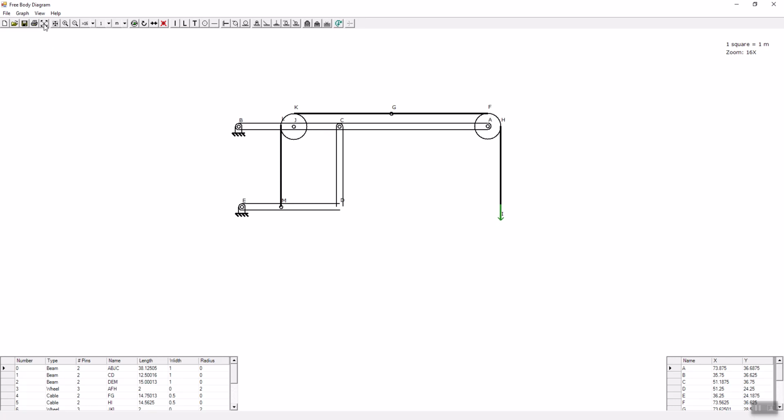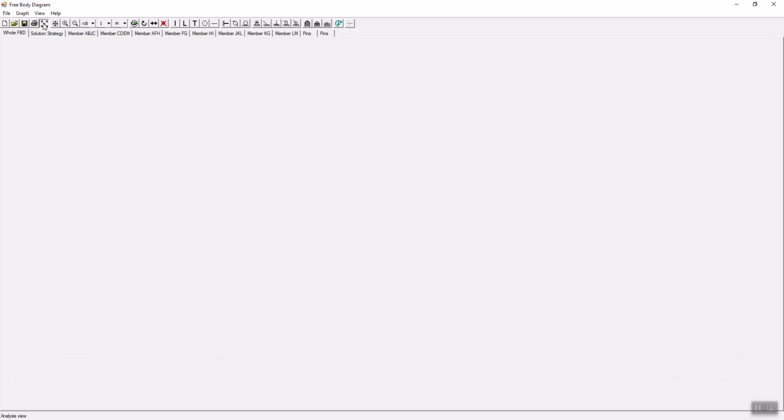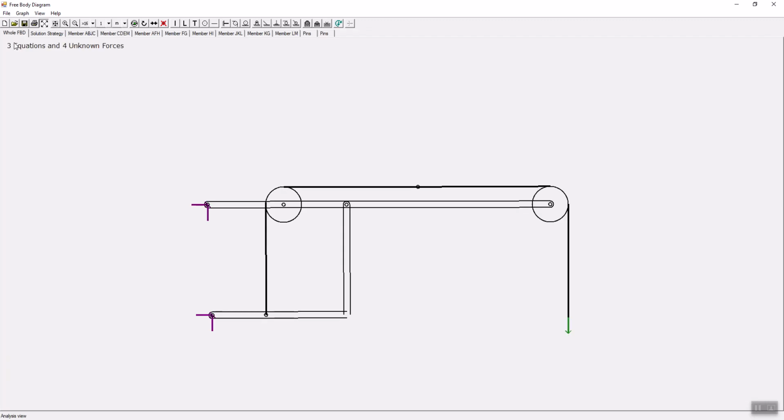We click on the free body diagram button, we get the free body diagram of the whole body. These are the 2 pin supports. Here is the load.